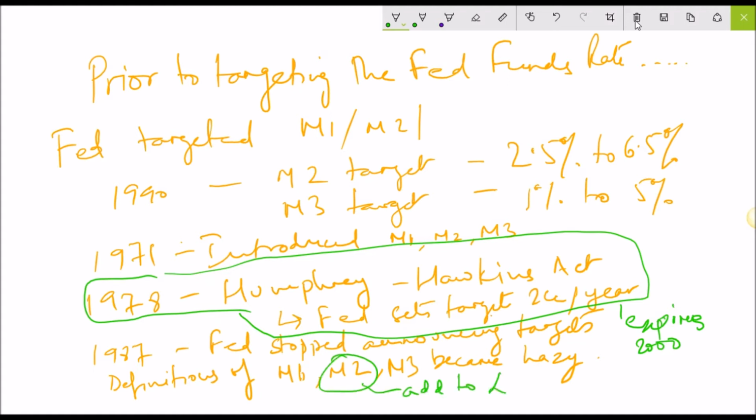So in 2000, the Humphrey-Hawkins Act expired and the Fed announced it was discontinuing its policy for setting money aggregate targets. The use of M2 was then limited to being added in the LEI, or Index of Leading Economic Indicators.